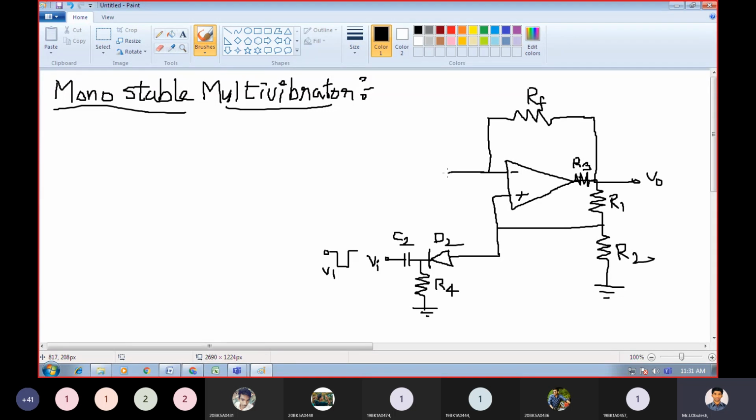Then you need to connect here one capacitor, and one more diode.